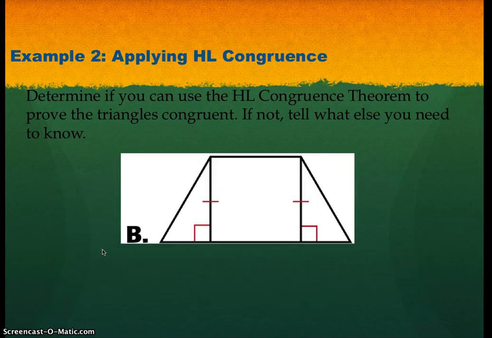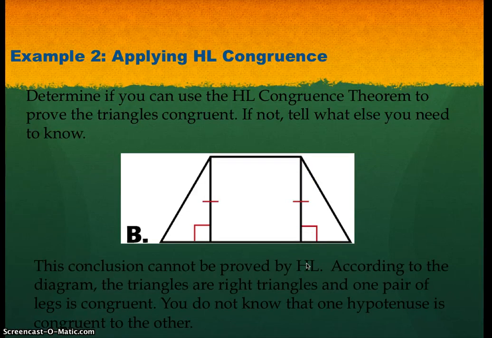What about these triangles? Well, in this picture, I can see that I do in fact have right triangles. I have two right angles. Also, I can see that this side here would be a leg and is congruent to this leg on the other one. However, we are missing some information. The conclusion cannot be proved by HL.